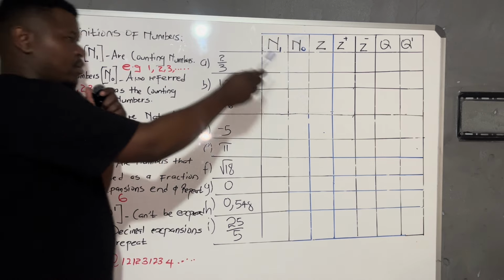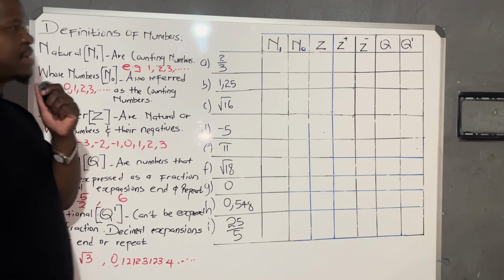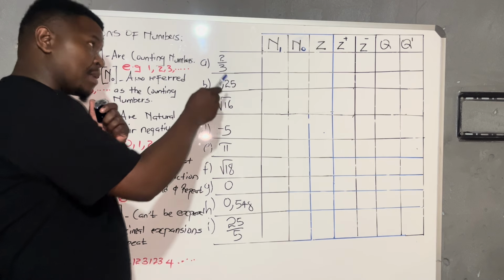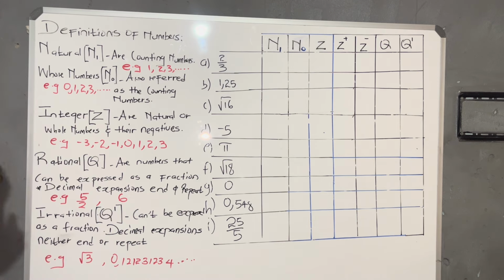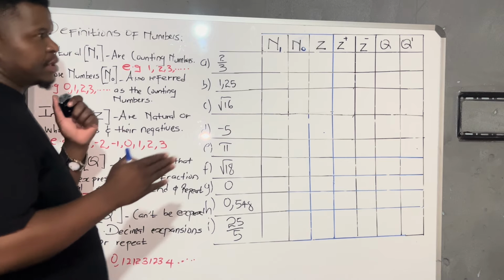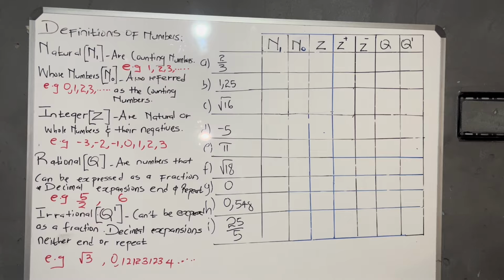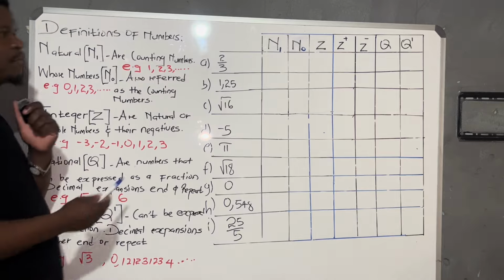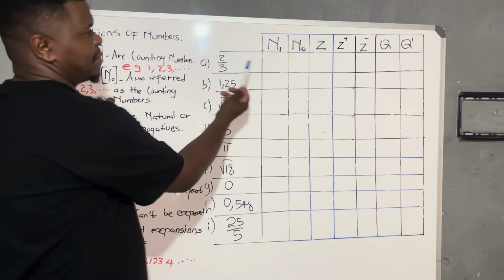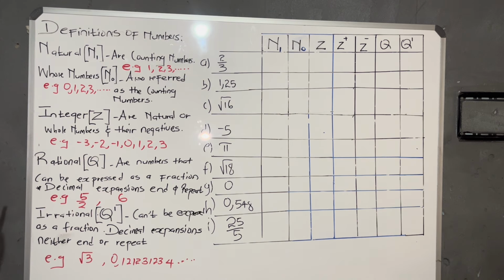Now, this table, I can tell you, in every examination you come across this. That is the easiest way for the examiner to present questions based on number system or whole numbers, for you just to identify what this number is under all this. But let me just explain before we go there.